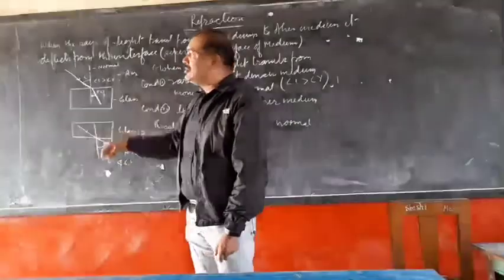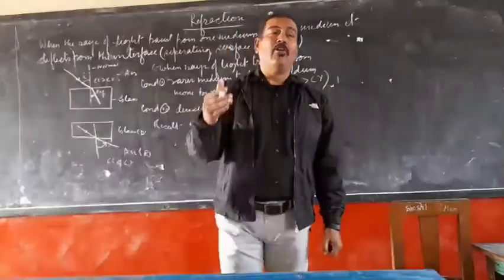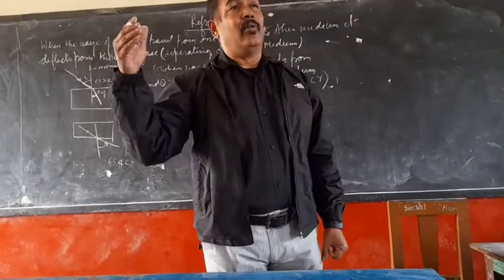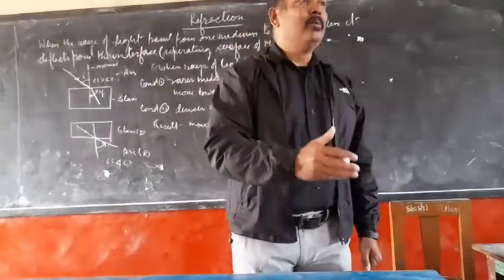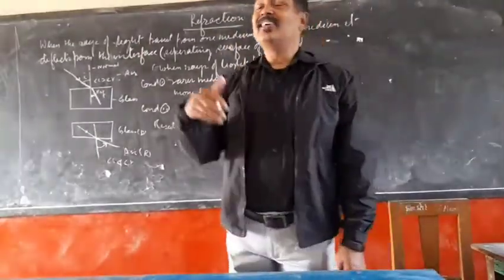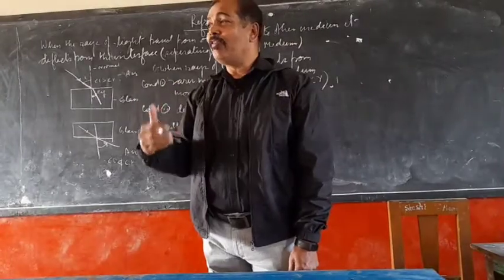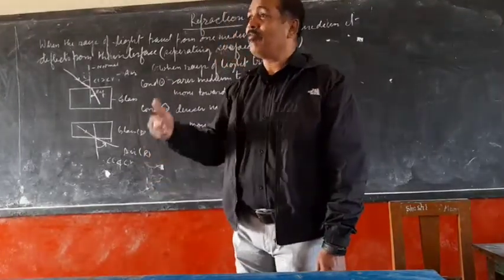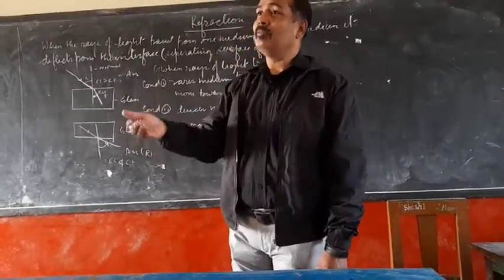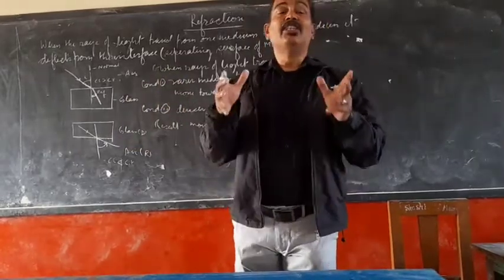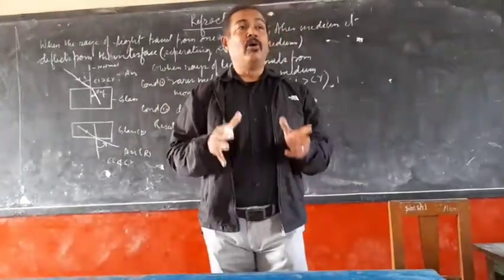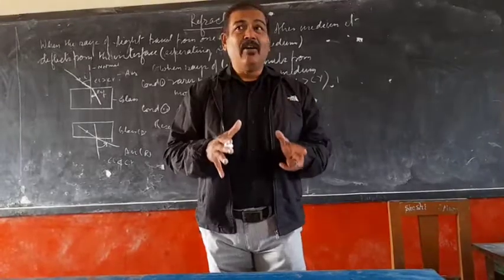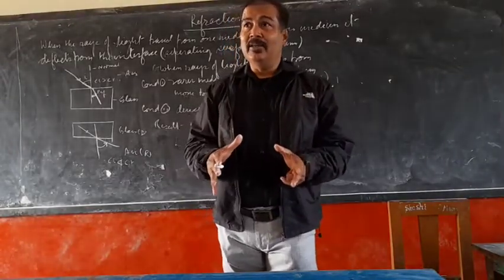So what is the reason that the rays of light deflect when it travels from one medium to other medium? Because the speed of light changes when it travels from one medium to another, and the speed of light depends upon the density of the medium.